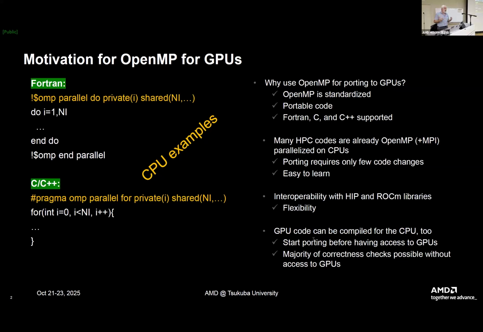And we actually recommend using OpenMP for the vast majority of your code just because it's faster and easier to maintain. And if you need to drop to a lower level language like HIP or ROCm, it's interoperable with that.